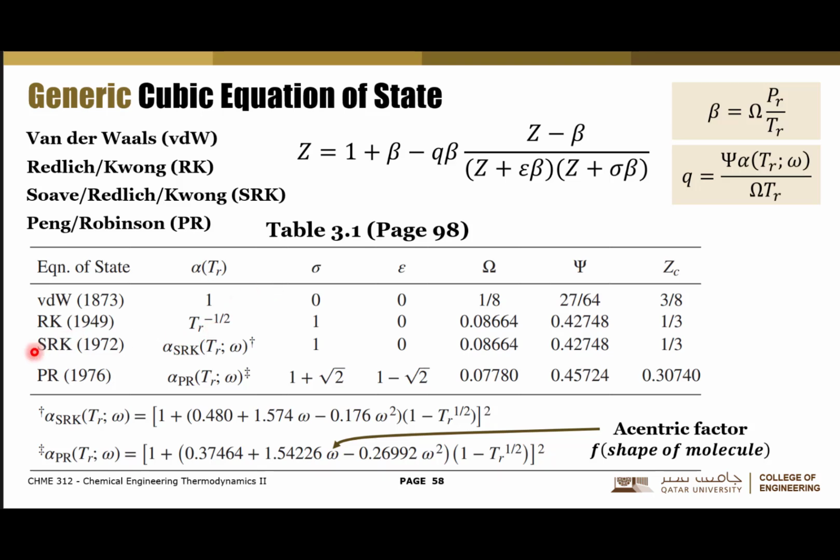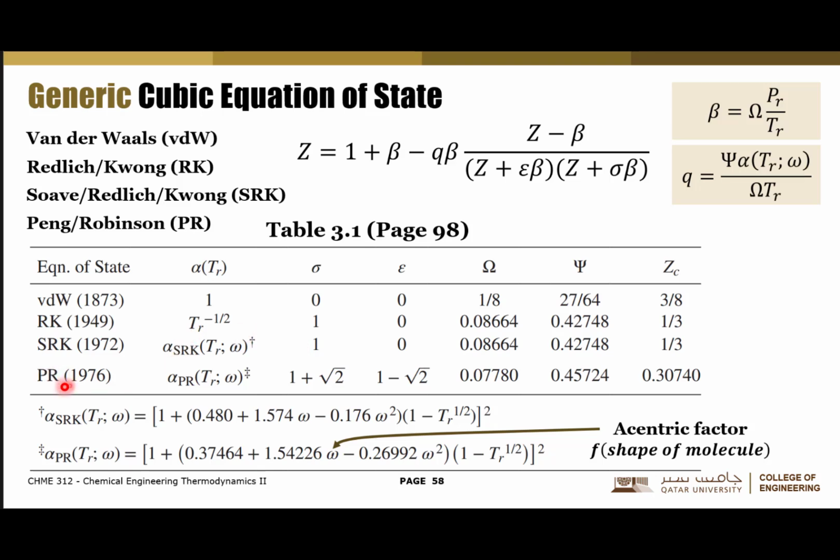And then SRK, we have a whole equation, which is a function of the reduced temperature and the acentric factor. Where do we find these? In the tables. It's basically a function of the shape of the molecule. So the acentric factor, which is omega here, is a function of the shape of the molecule.